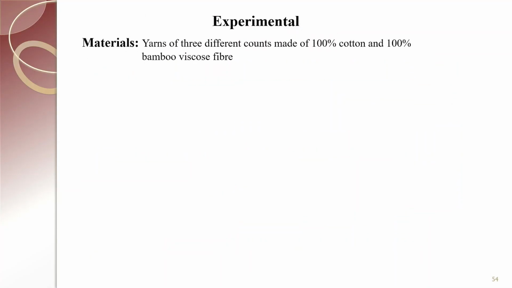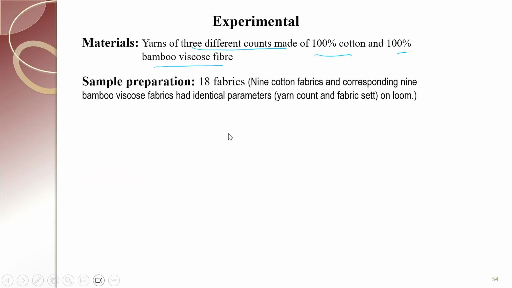So, we have designed our experiment. The materials which we have used: 3 different counts of yarn, made of 100% cotton and 100% bamboo viscose fiber. So, 18 fabrics were prepared, 9 fabrics of cotton and 9 corresponding bamboo fabrics.